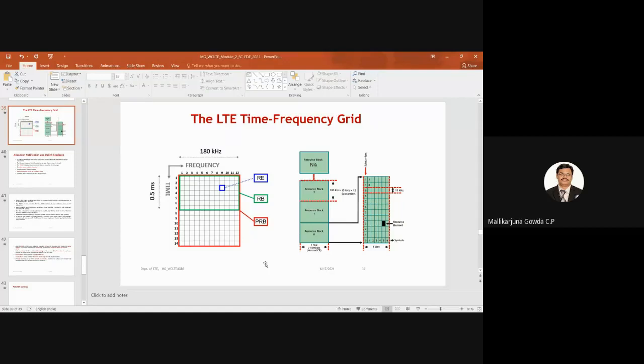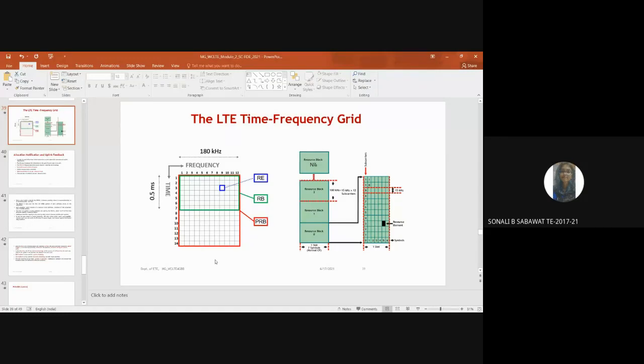Is it possible to say what you mean by resource block? Looking at this diagram, you can't say what is a resource block.